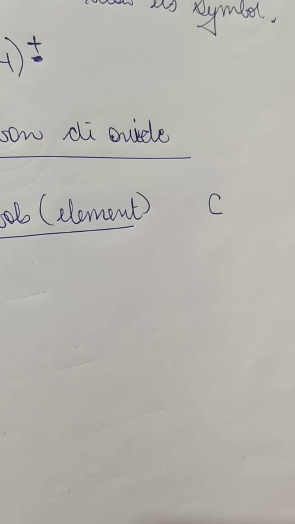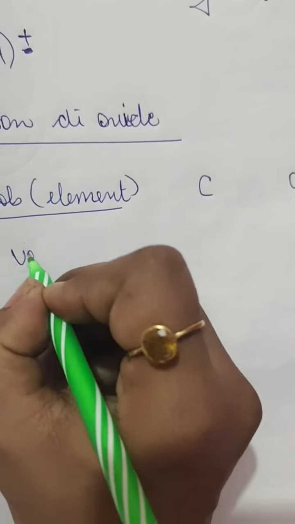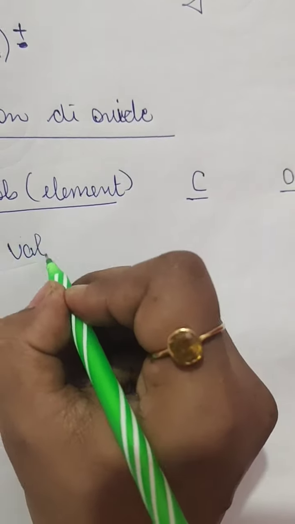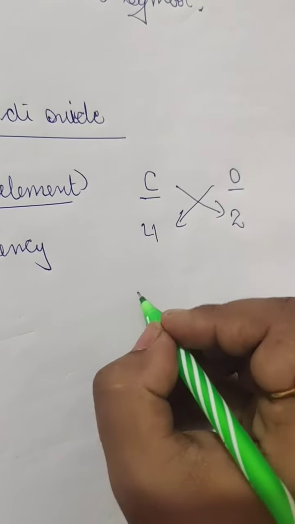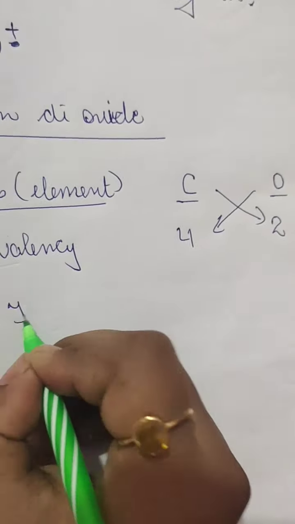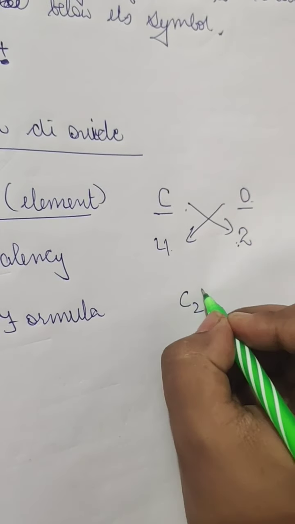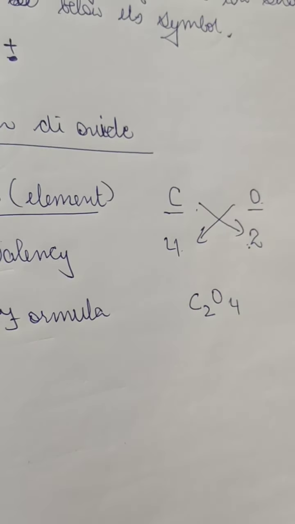Carbon has the symbol C, and oxygen has the symbol O, and the valency of carbon is 4 and the valency of oxygen is 2. Now we'll cross these. The formula will become C, now 2 will go here, and 4 will go here, O and 4. But have you seen any CO2 like C2O4?